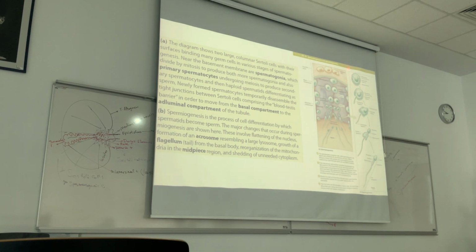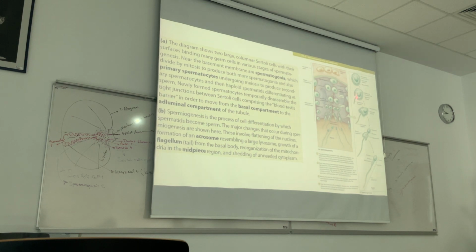Spermiogenesis, formation and transformation from round shape to line shape. Here you can see in the end of the spermiogenesis, we have a sperm or spermatozoa with head, midpiece, and tail part. And in the beginning, as you can see, the organelles migrate to the opposite side of the developing acrosomal cap.